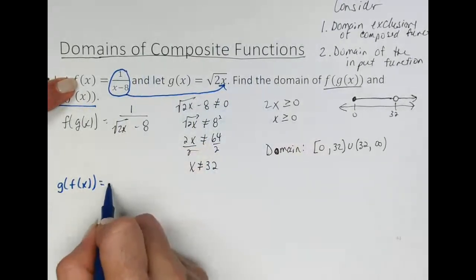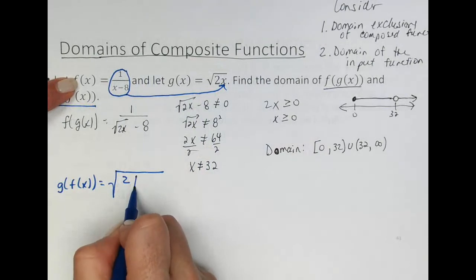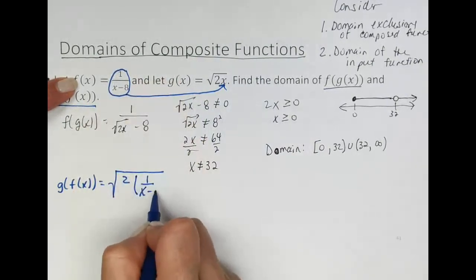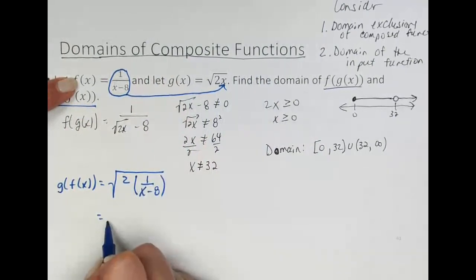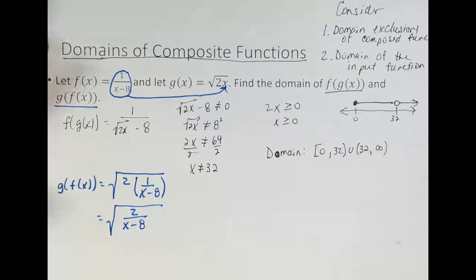So the composed function is going to be the square root of 2 times 1 over x minus 8, right? I might simplify that and write that as the square root of 2 over x minus 8. Okay, so we have to think about domain restrictions here.